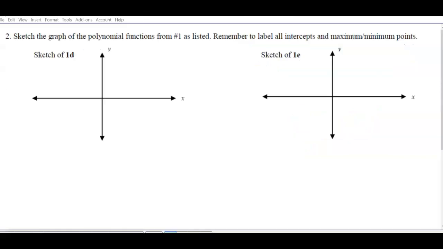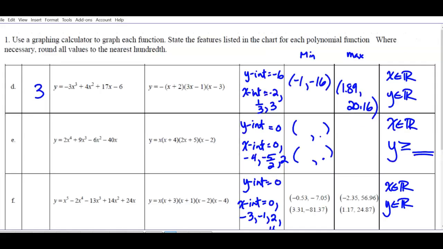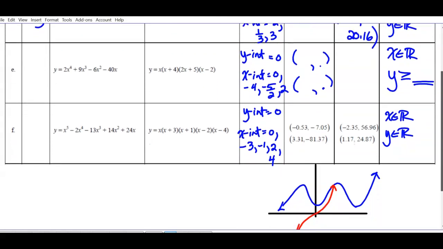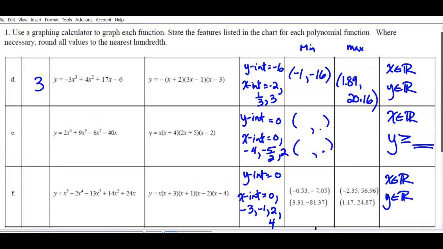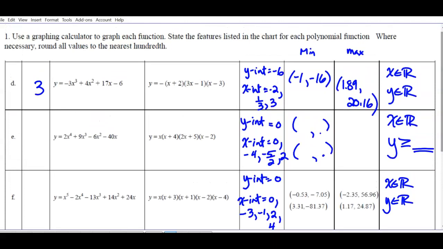Okay, in question 2 it says sketch 1D, sketch 1E. So 1D and 1E. So if we did 1D, 3 x-intercepts. One of them is negative, 2 are positive.